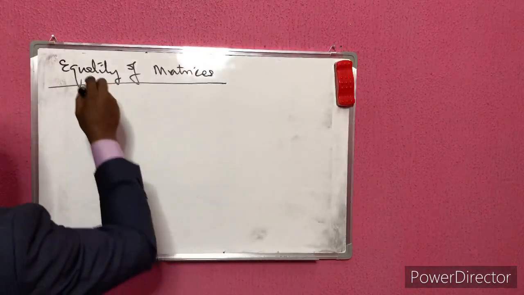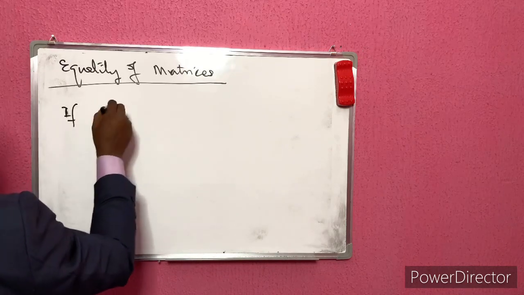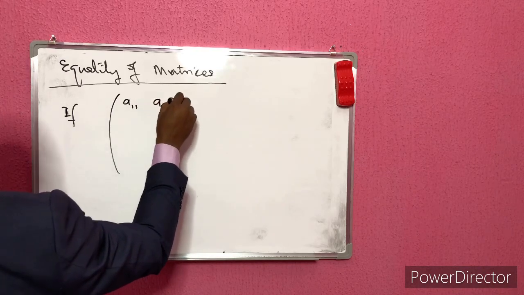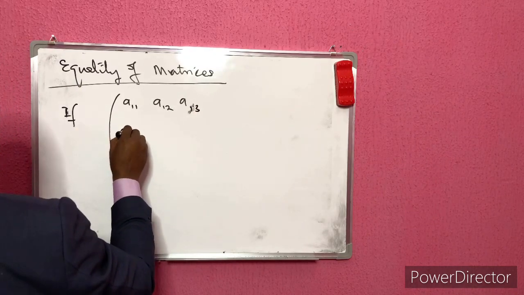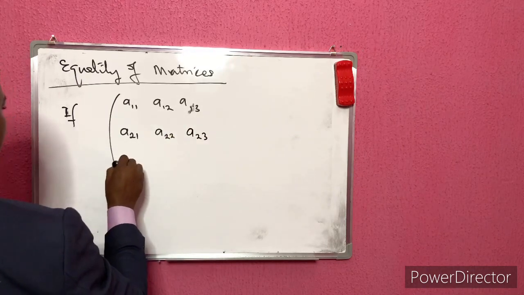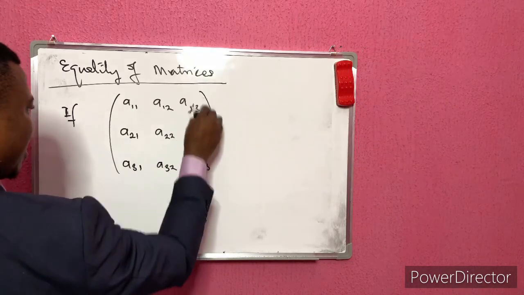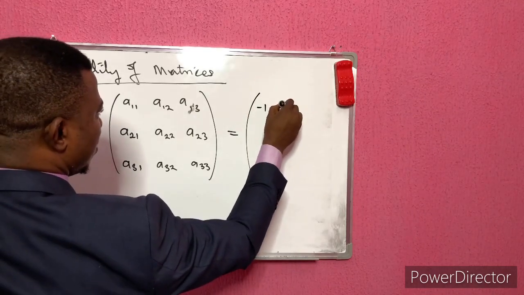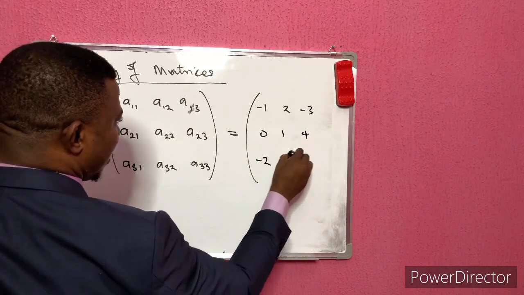That is to say that if matrix A11, A12, A13, A21, A22, A23, A31, A32, A33 is equal to minus 1, 2, minus 3, 0, 1, 4, minus 2, 3, 1.